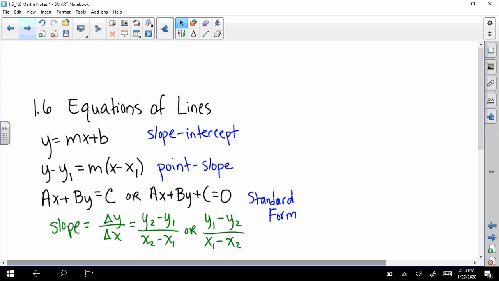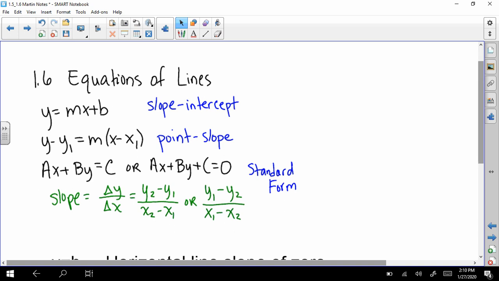1.6 is a review of lines and linear functions. And if you're unfamiliar with any of these, you're going to need to reacquaint yourself with them. They're kind of the basis of all of what we do.